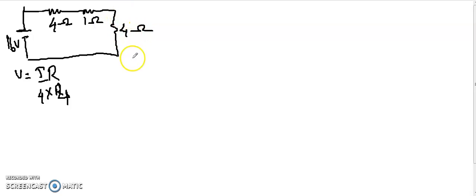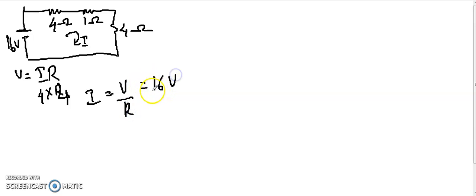So the question is we have to find the voltage across the 4 ohm. Now we can easily find the current through this circuit, that is I is equal to V by R, where V is equal to 16 volt and the total effective resistance is equal to 4 plus 4 plus 1, which is equal to 9 ohm, and it is equal to 1.78 ampere.